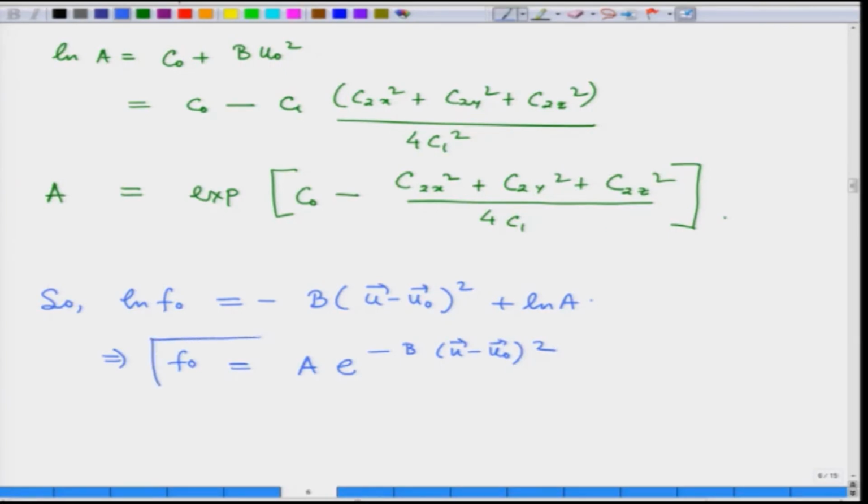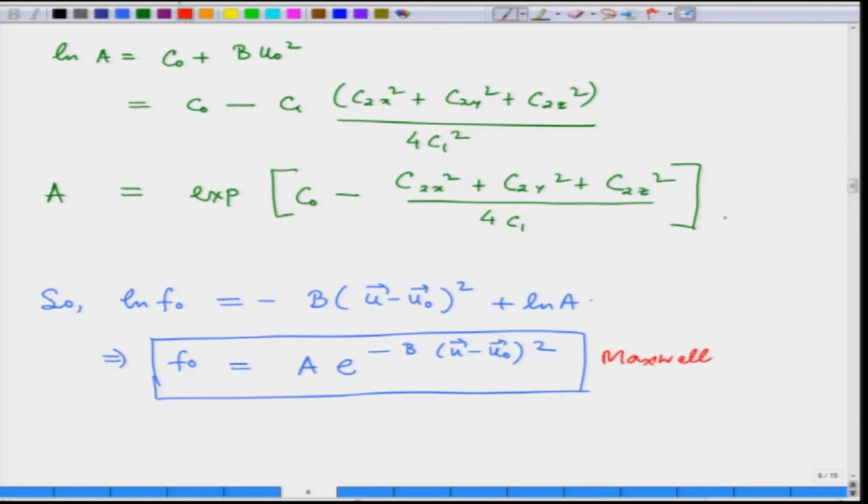And that you can easily recognize, this is the famous Maxwellian distribution. So, finally, we could show that f0 has this form.